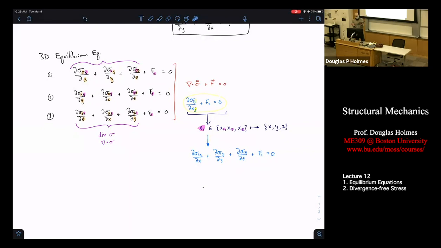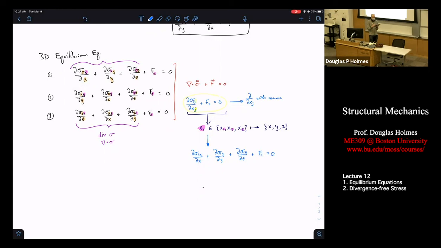I probably just unnecessarily confused you. I mainly want you to see that we often use this compact notation in solid mechanics. And actually it gets even more compact because people say, let's write the partial with respect to x_j with a comma.